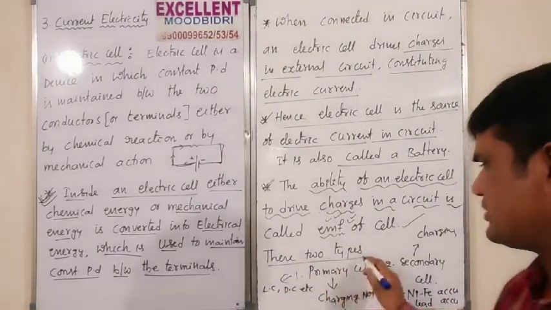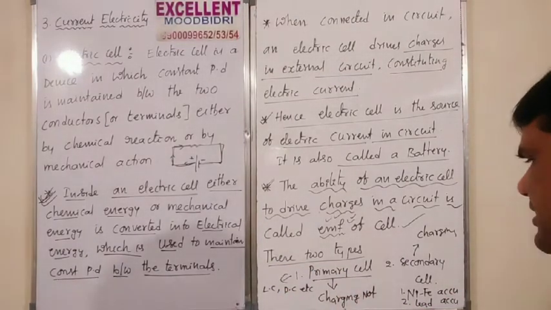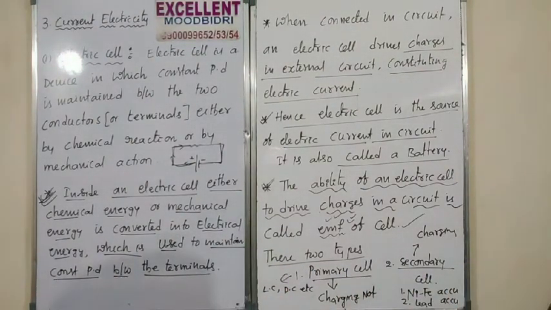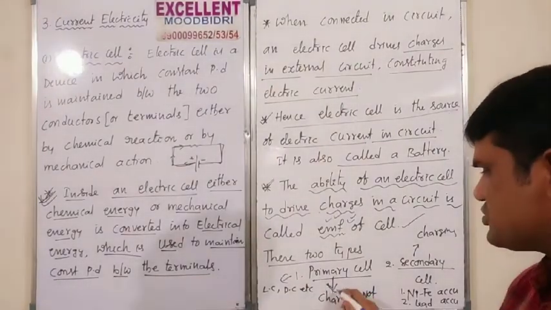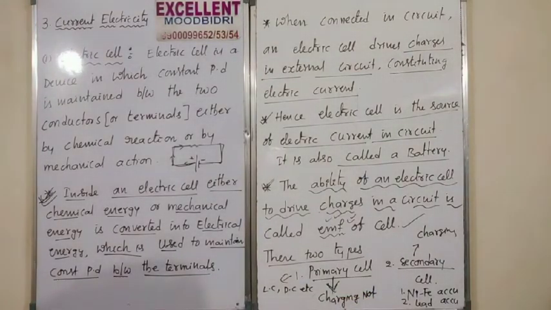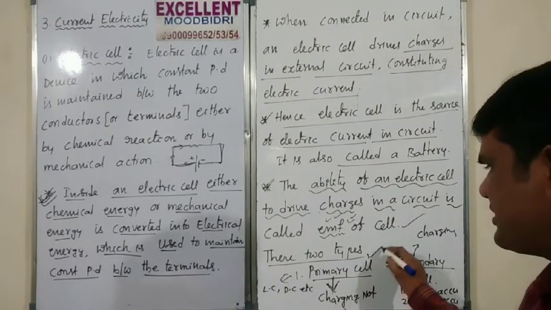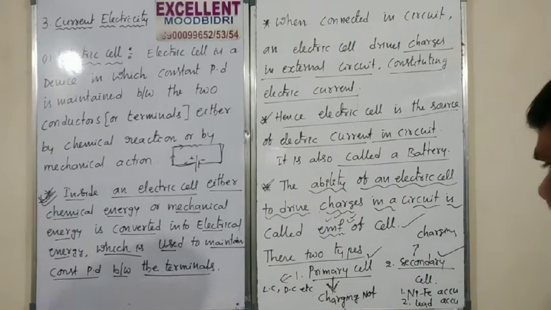Next one. There are two types: one is the primary cell, the second is the secondary cell. Primary cell means charging is not possible. Such types of cells are known as primary cells. Secondary cells mean charging is possible.